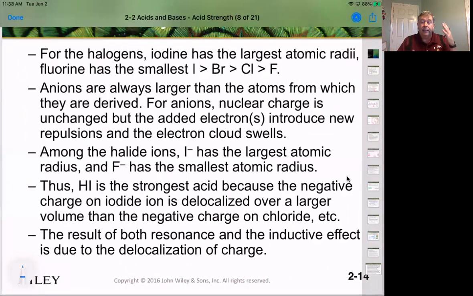So it's a combination of those four rules: electronegativity, the atom it's bonded to, resonance delocalization, the inductive effect, and the size of the ion that create the acidity of the compound.